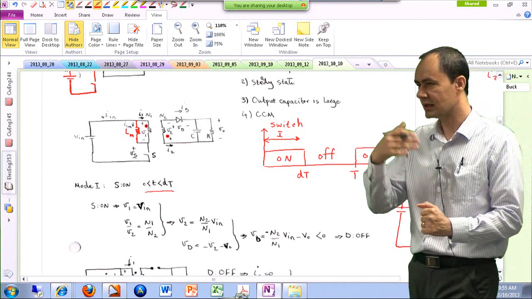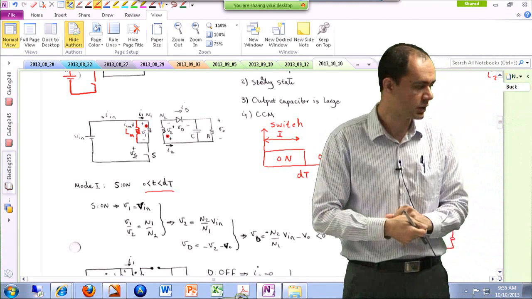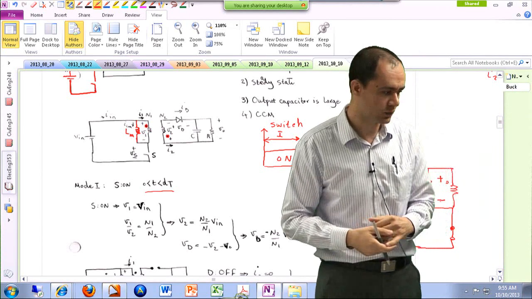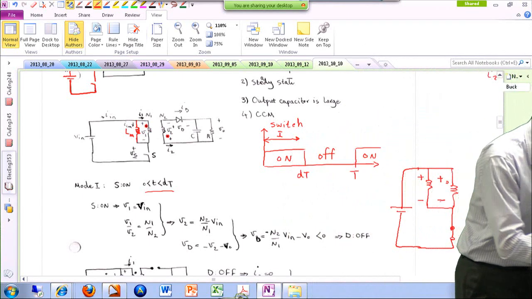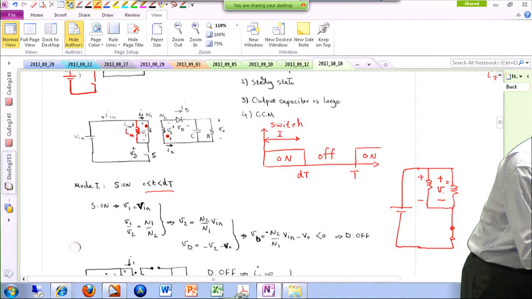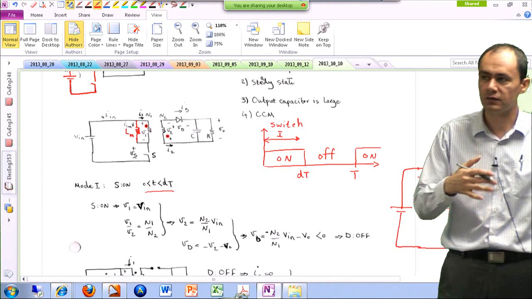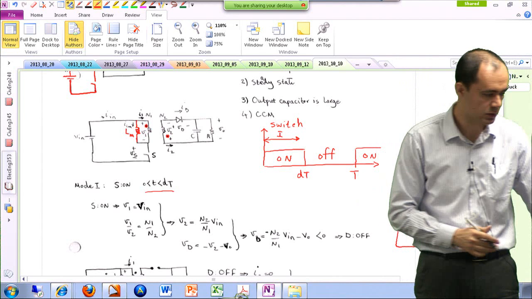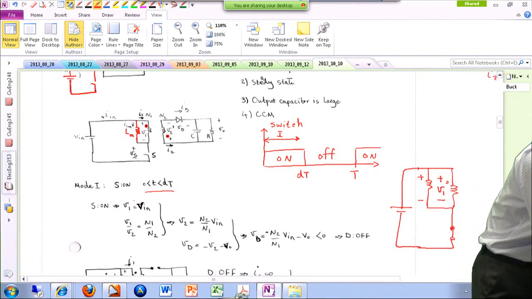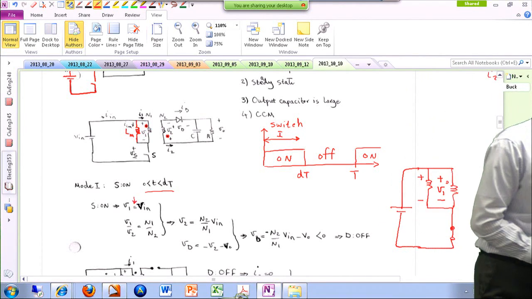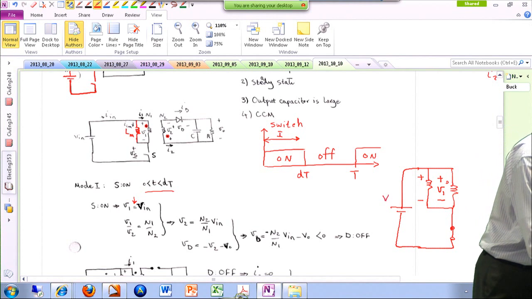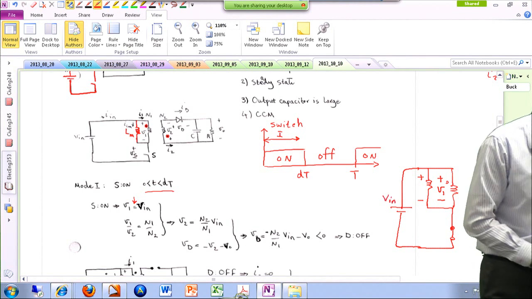And you can reflect that and see what kind of a voltage appears on the secondary side of the transformer. If the voltage on the primary side is labeled V1 and the secondary side is V2, then V1 equals Vin. So the input voltage is applied across the primary side of the transformer.